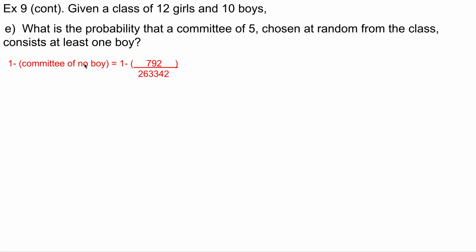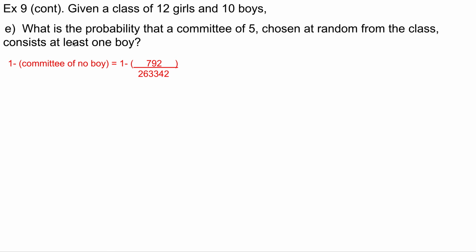There are several ways to find the probability of getting at least one boy. One, you can think about at least one boy means only one boy is a committee member, or 2 boys are committee members, or 3 boys, or 4, or 5. And you can add all of those probabilities together. That's kind of too much work. So rather than that, you can think about, well, what if it's the opposite, the complement of that? Committee of no boys.